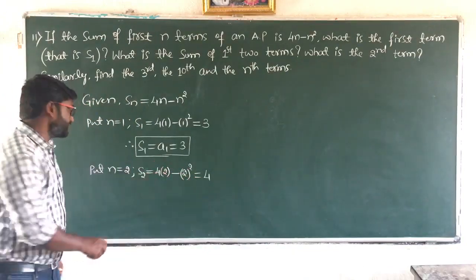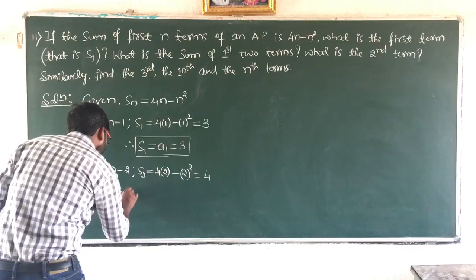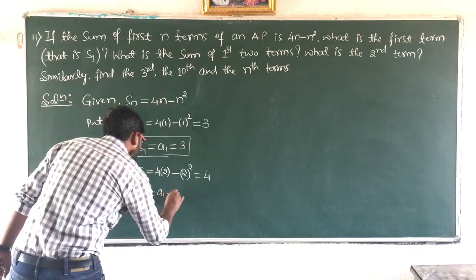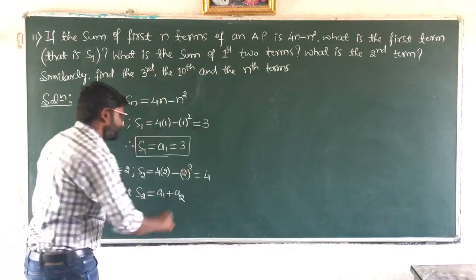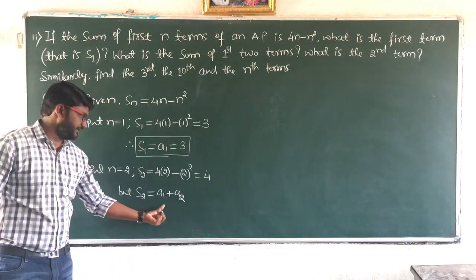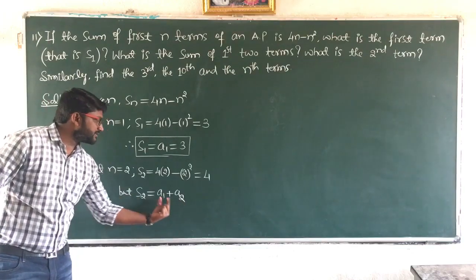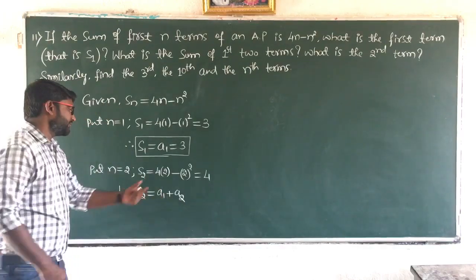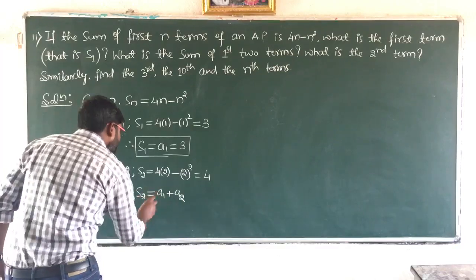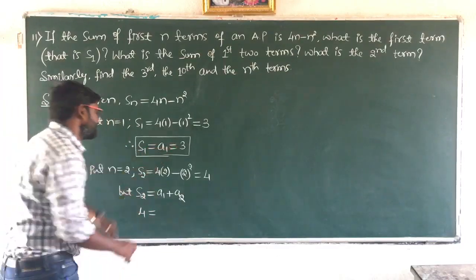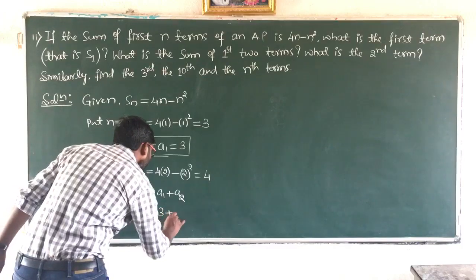But what is the S2? See here, S2 is equal to A1 plus A2, the sum of first two terms of an AP. A1 is the first term, A2 is the second term. So now you know the value of S2, it is 4 which is equal to A1, it is 3 plus A2.